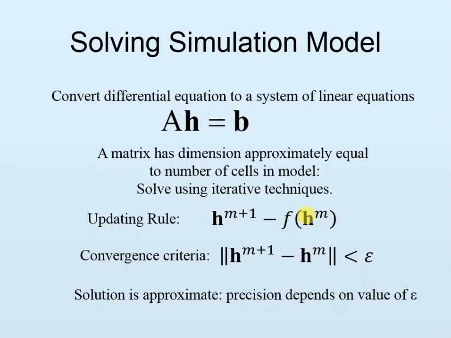There is some updating that occurs, and I see that should be an equal sign, so that we have a new estimate of the head, and then there's a test. Is the new estimate much different than the old estimate? This is a norm of some sort, say the maximum change in heads, for example. And if that is less than an epsilon, a small number, then you're considered to be done. Otherwise, you update the heads again. This epsilon, the precision of the heads computed by the solver, will be important in our use of management models.